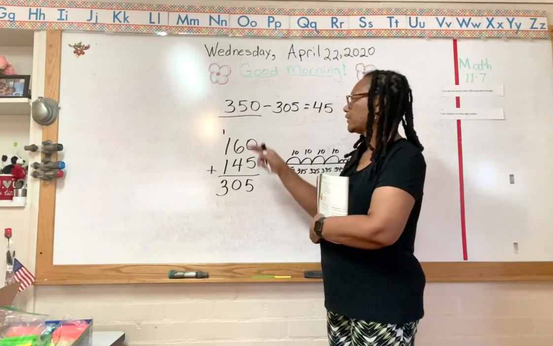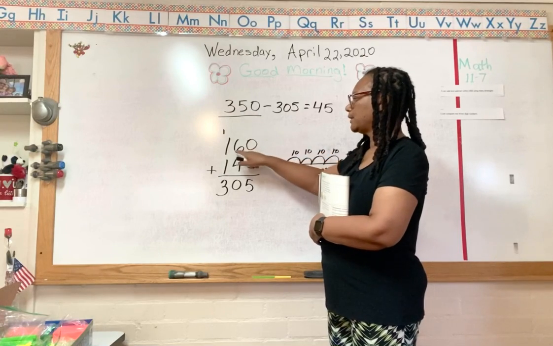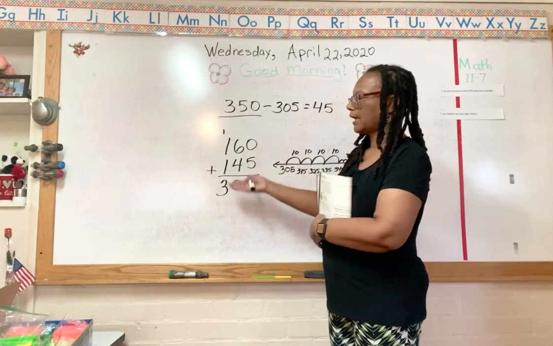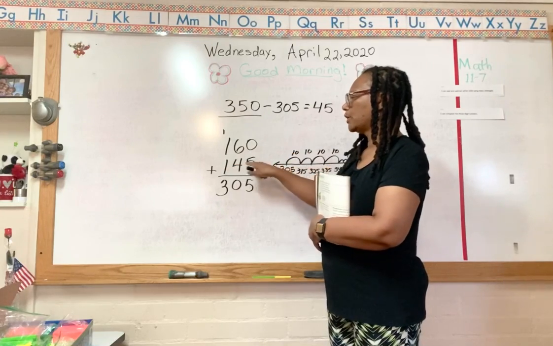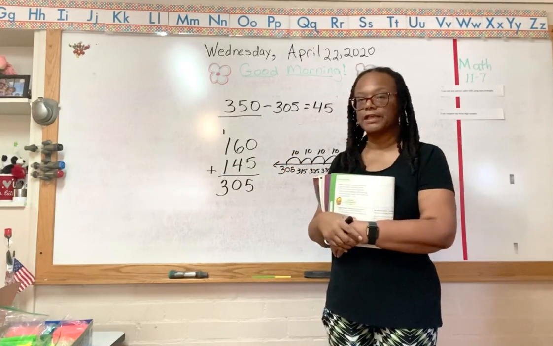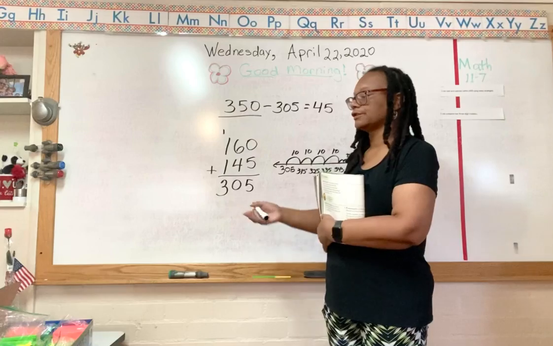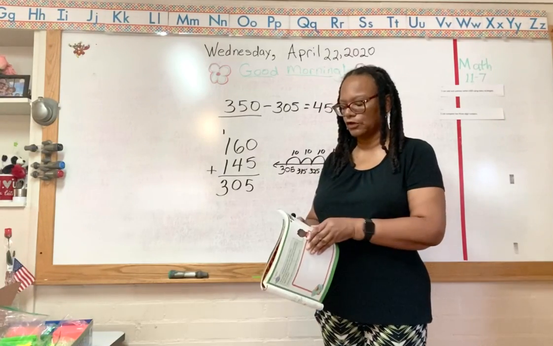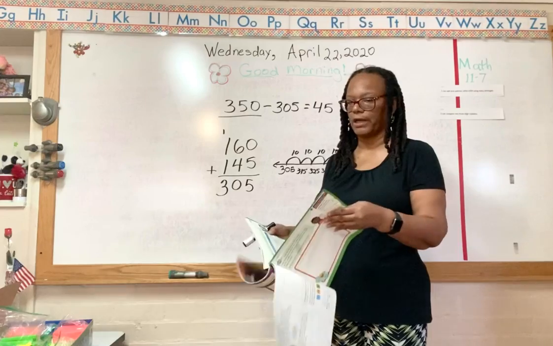I could have said 350 minus 160, then get the answer and then subtract 145. But the easiest way for me to do it is just to add it together. Show me what is your easiest way.